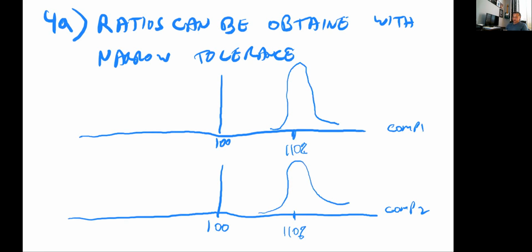So if they are consistently both component 1 and component 2, 10% off, the ratio of the value of component 1 to component 2 is going to be very accurate.